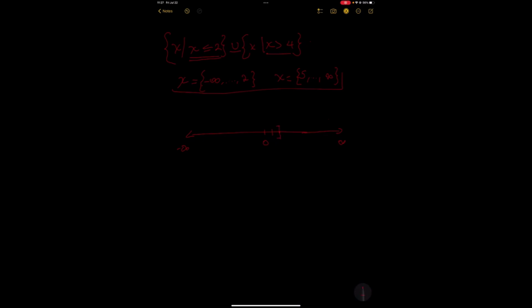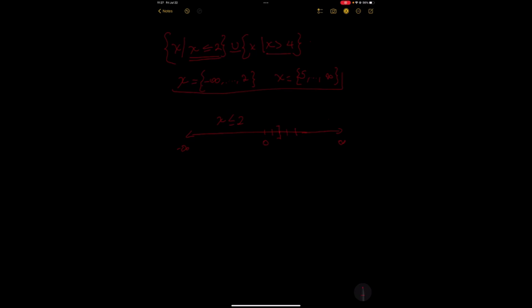Now remember, negative infinity is not a number. It's a concept. So you never put a square bracket on negative infinity. That's for x less than or equal to 2. Now, how about x greater than 4? So this is 2, this is 3, and this is 4.